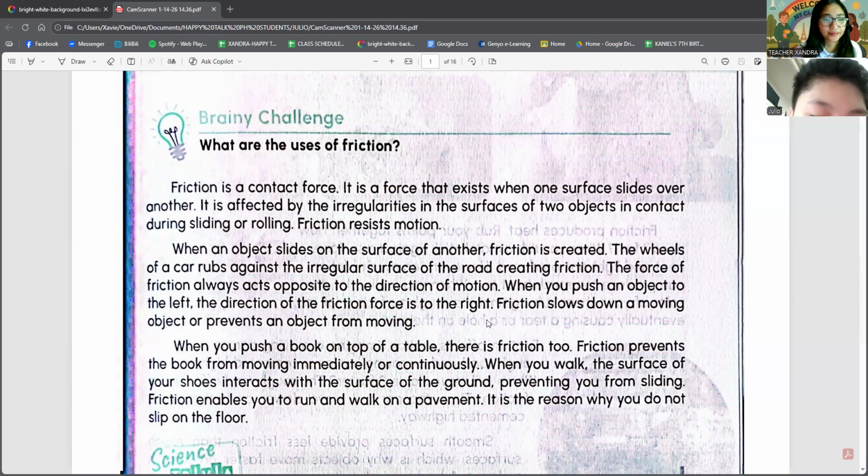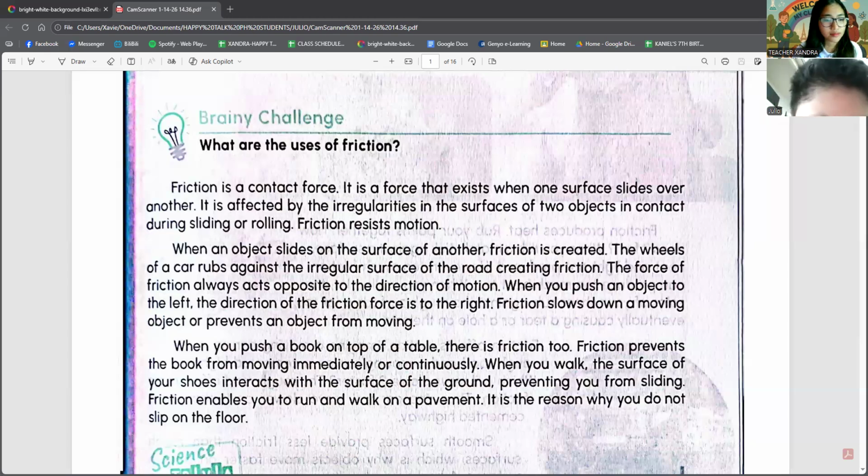When an object slides on the surface of another, friction is created. The wheels of a car rub against the irregular surface of the road, creating friction. The force of friction always acts opposite to the direction of motion. When you push an object to the left, the direction of the friction force is to the right.